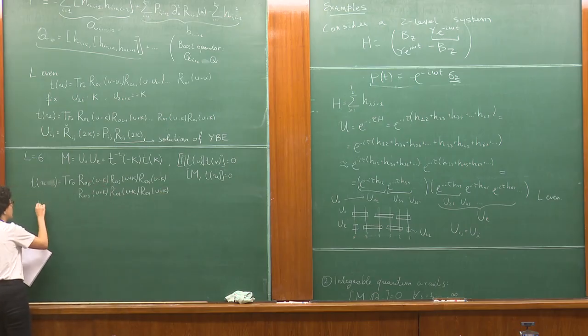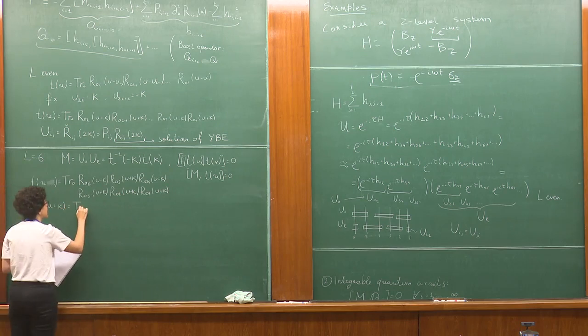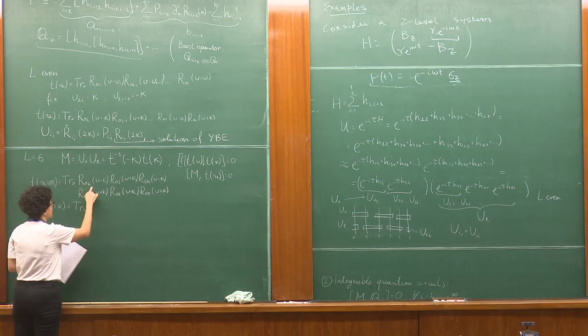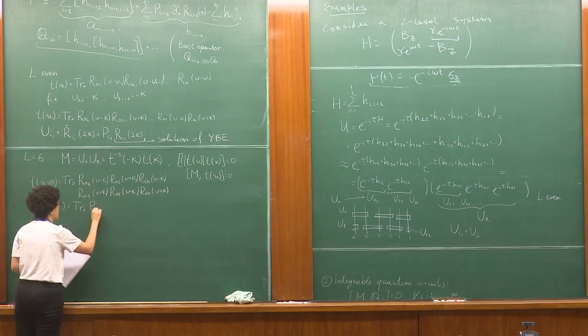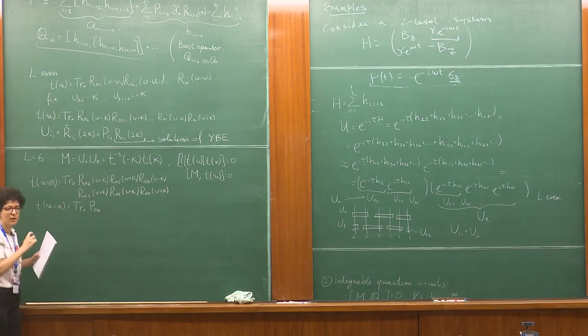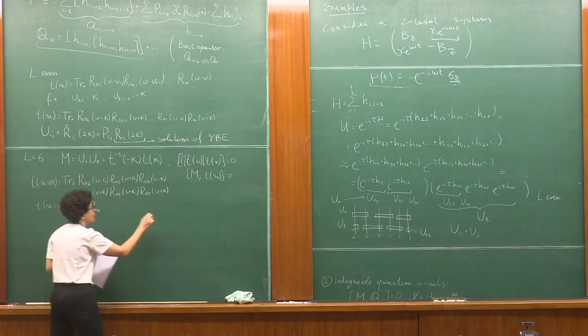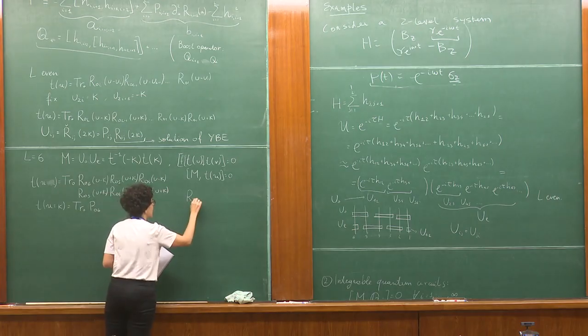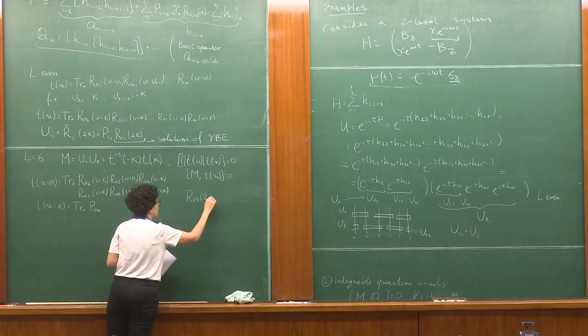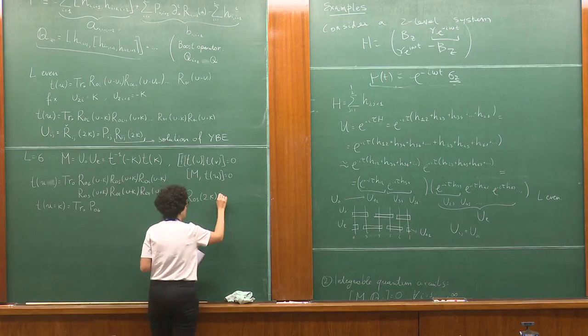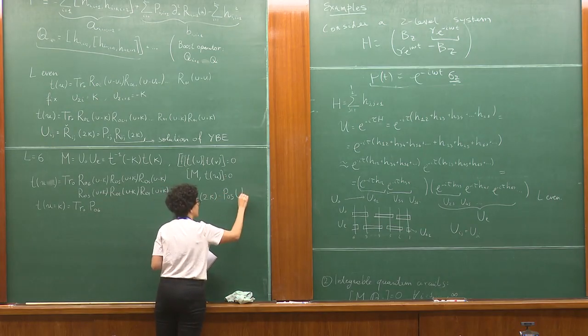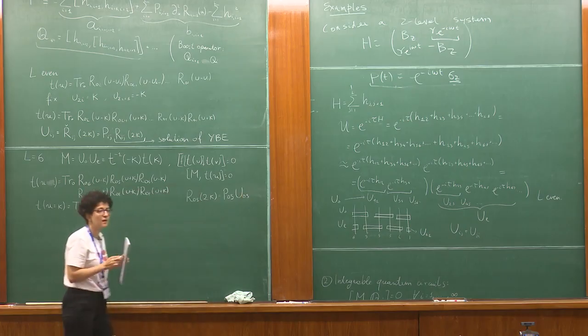Now for U equal to kappa, this is trace over 0 of P06. I am now taking this and evaluating at U equal kappa. Then we have R05 at 2 kappa, but this is just P05 U05, right?